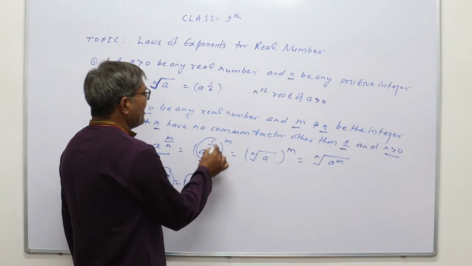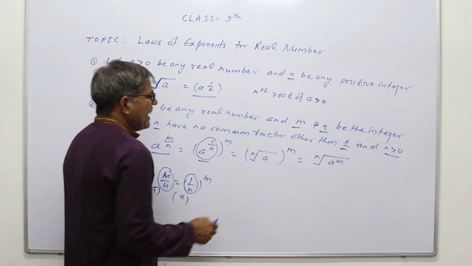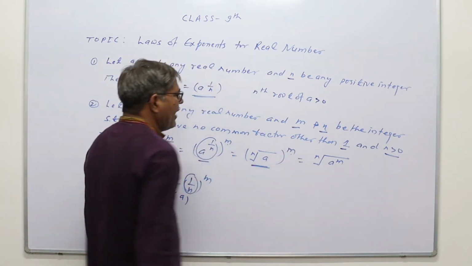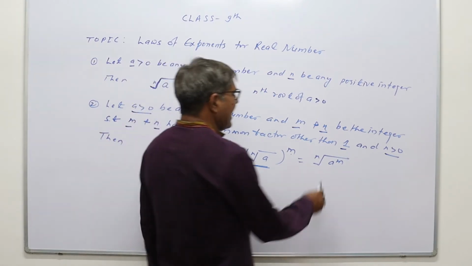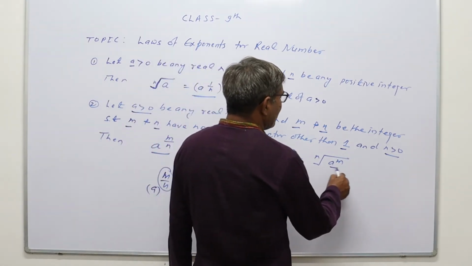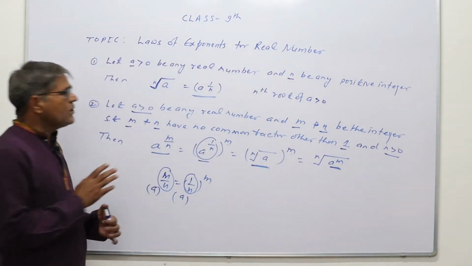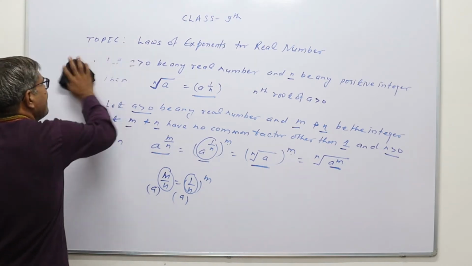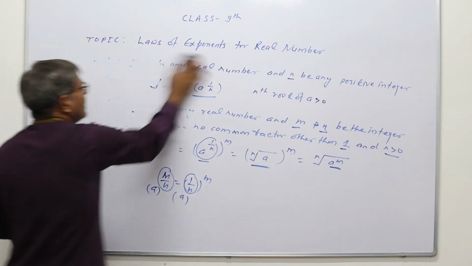Now a raised to the power 1 by n is the nth root of a, which can be expressed as the nth root of a whole raised to the power m, and this can be written as the nth root of a raised to the power m. So we will discuss these two concepts with some examples. Let us take some examples to understand these two concepts.